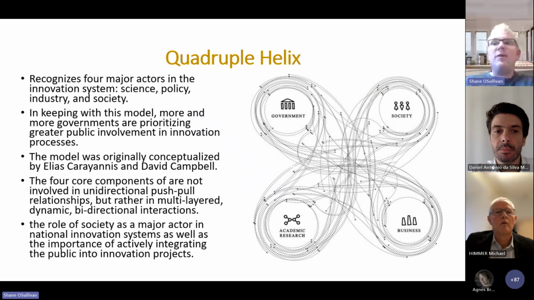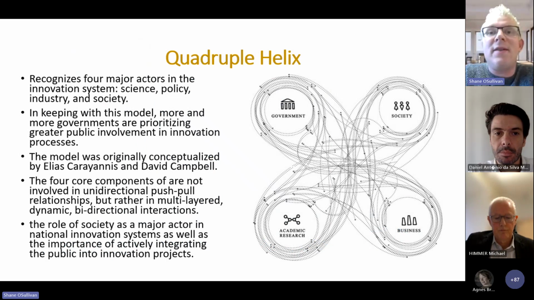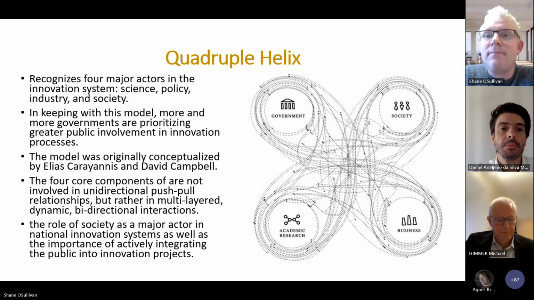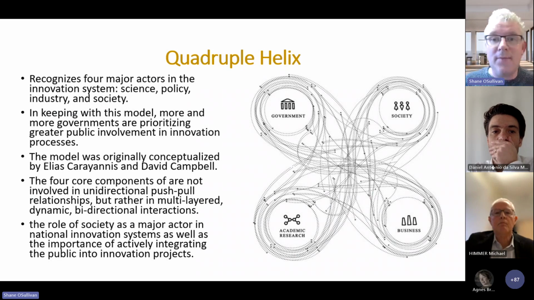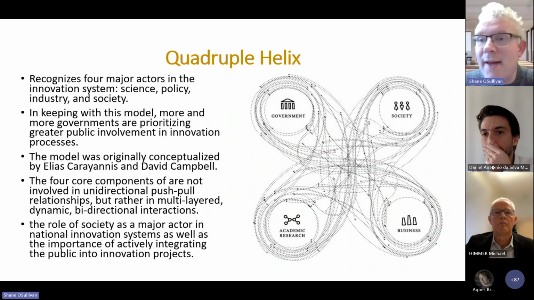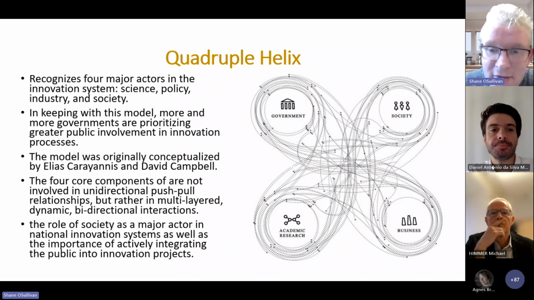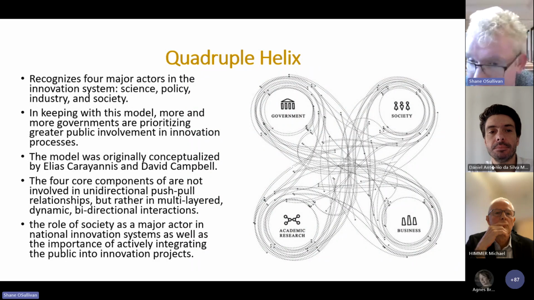And finally, what I want to touch on here is the quadruple helix. It's very important, as I said, that there needs to be collaboration between not only the state through policymakers and its affiliated agencies, but also interaction between civil society organizations, community development organizations, higher education institutions, and industry.